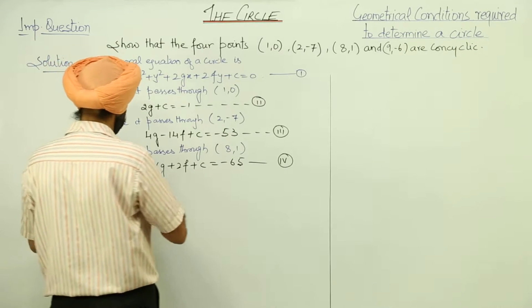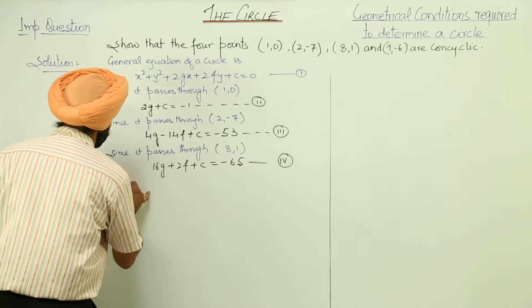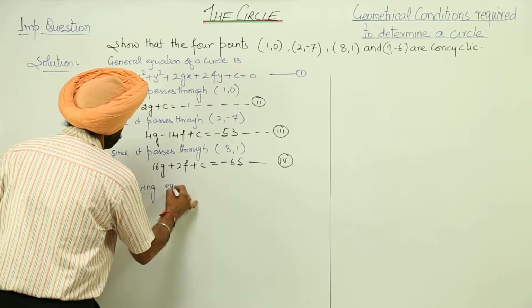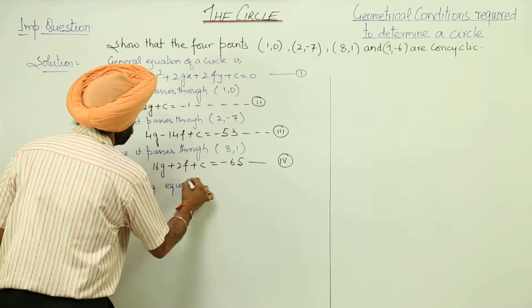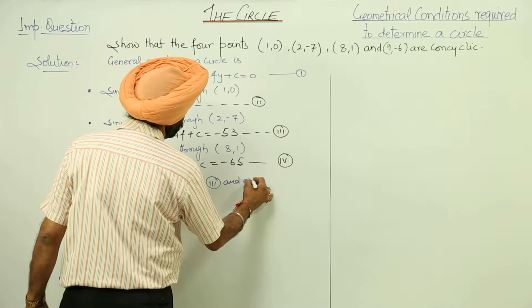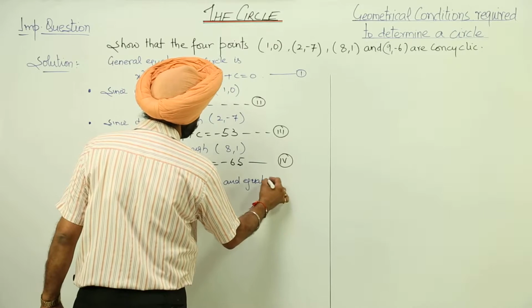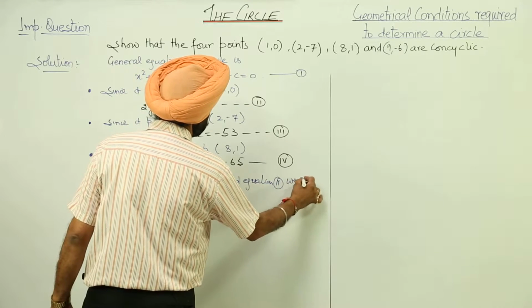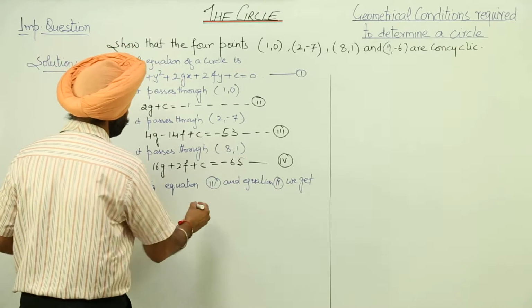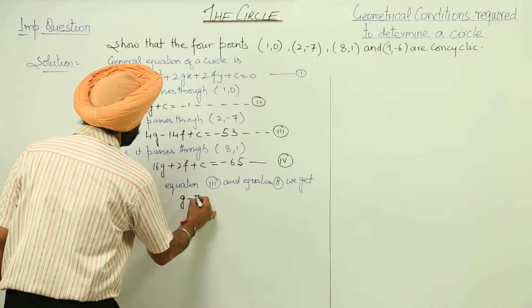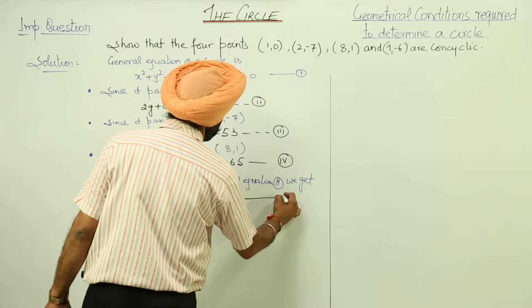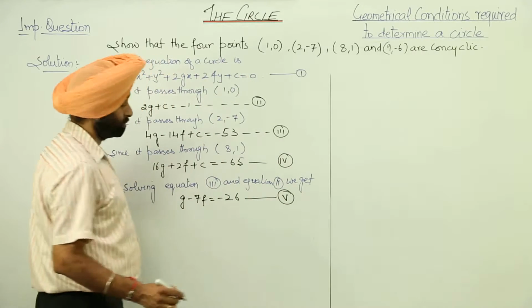Now, solving equation 3 and equation 2, we get g negative of 7f is equal to negative of 26. Fifth equation.